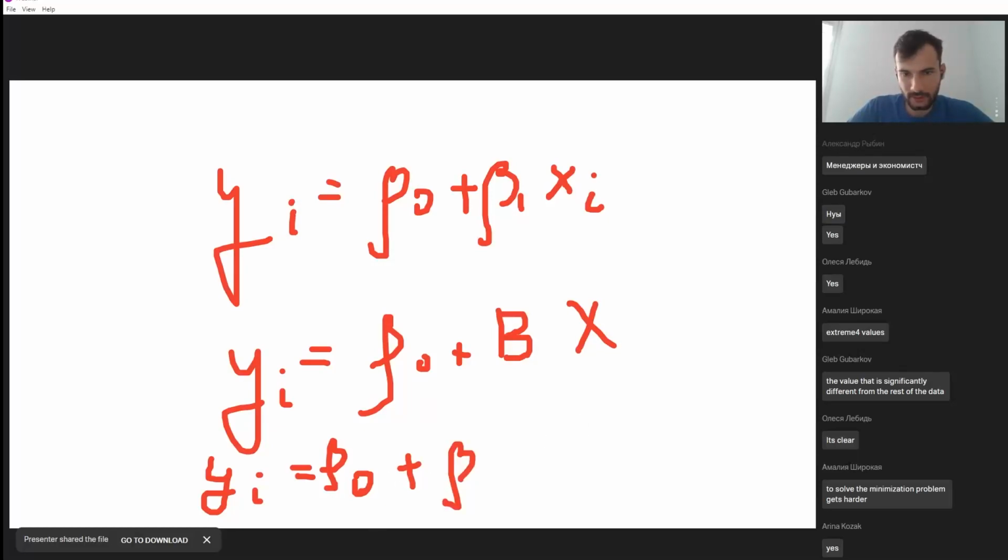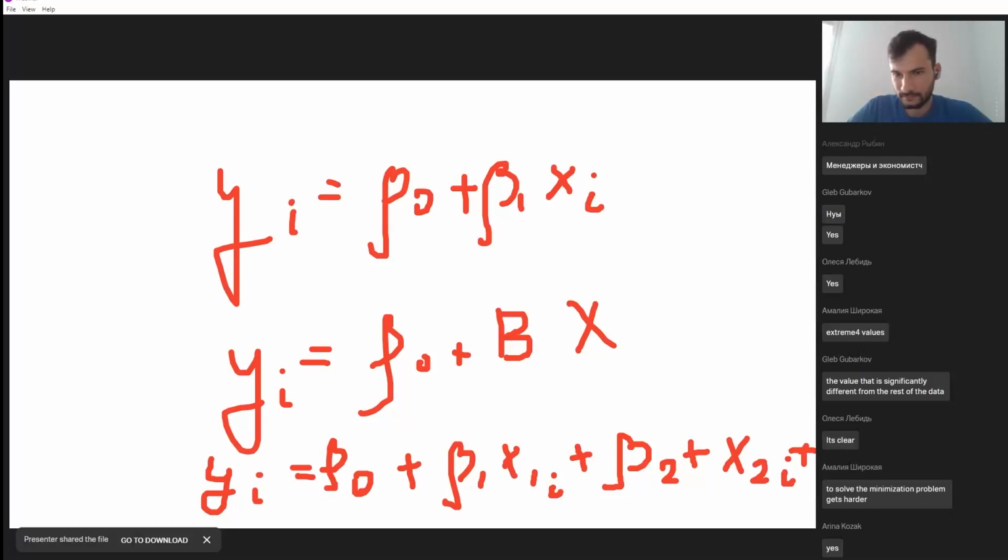You will have beta 1 x1 with index i. Sorry for this custom painting, my pencil doesn't work. Then beta 2 plus x2i. It should be multiplication here, right?